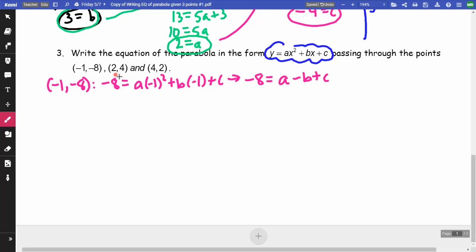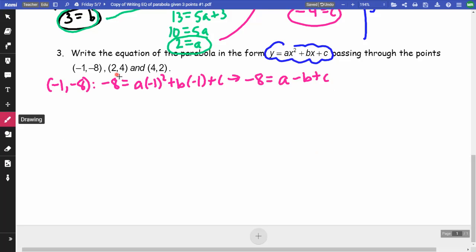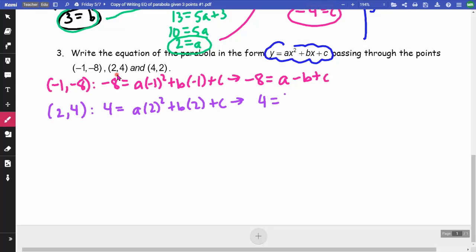So now I'm going to do my 2 comma 4. That's going to be 4 is equal to a times 2 squared plus b times 2 plus c, which cleans up to 4 is equal to 4a plus 2b plus c.